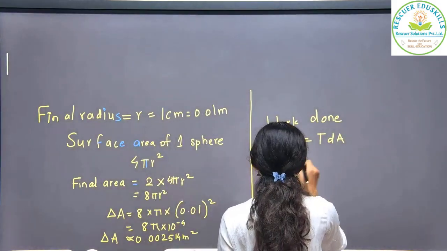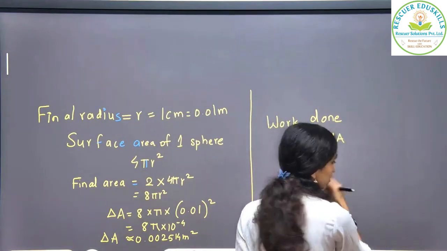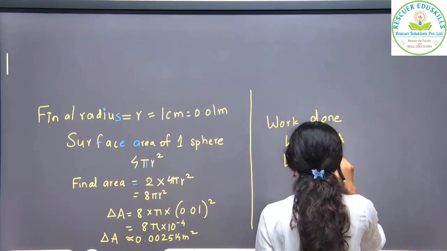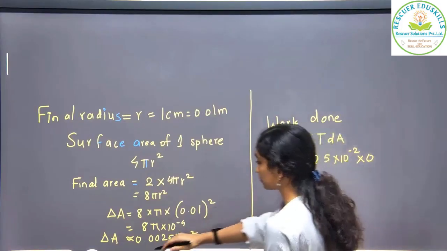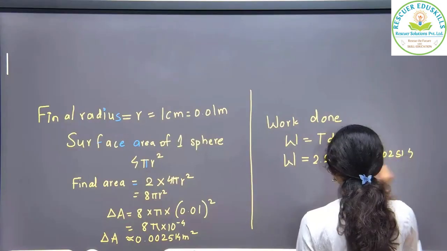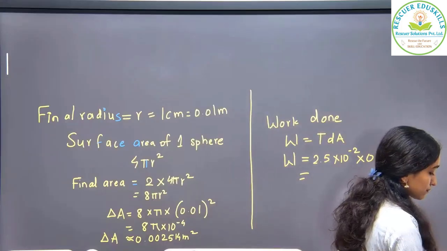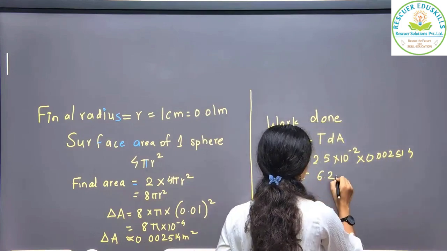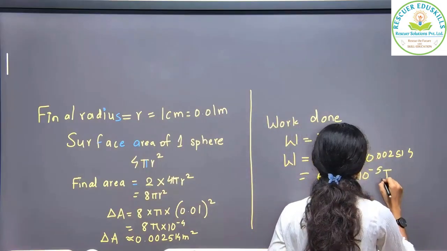So now we know the value of T is already given in the question. So substitute that value. So what is the value? 2.5 into 10 to the power minus 2, into, we know dA, it is 0.002514. Multiply this. You will get something like 6.285 into 10 to the power minus 5 joules.